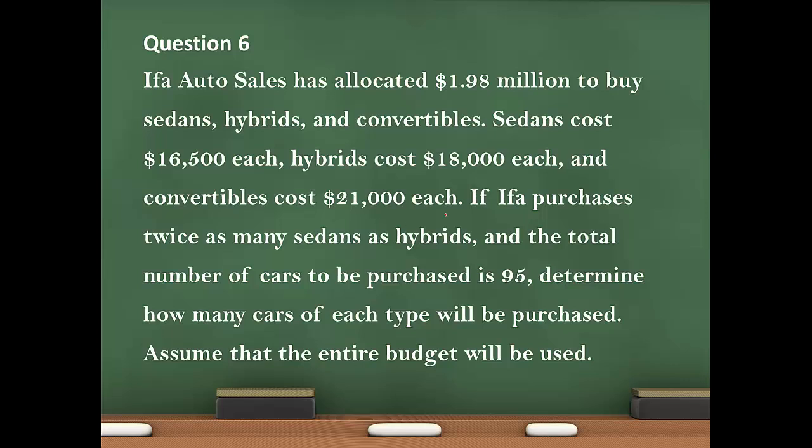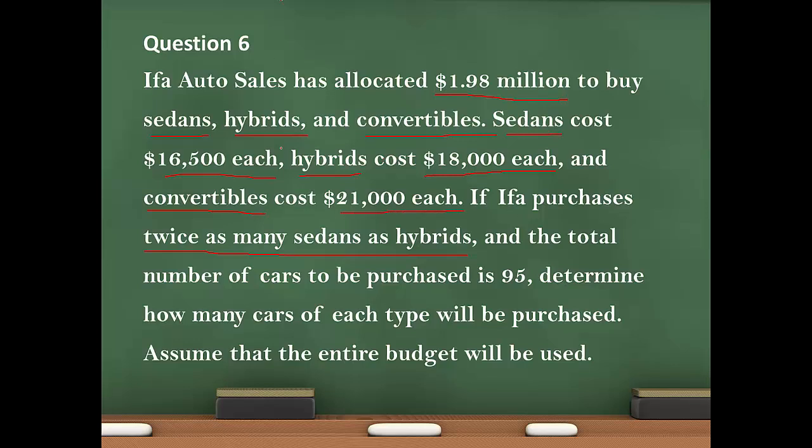So I want you to pay attention here. Twice as many sedans as hybrids. Meanwhile, this is the money he has. We have a cost, and then he has to buy sedans, hybrids, and convertibles. Sedans cost this each, hybrids cost this amount each, and convertibles cost this amount each.